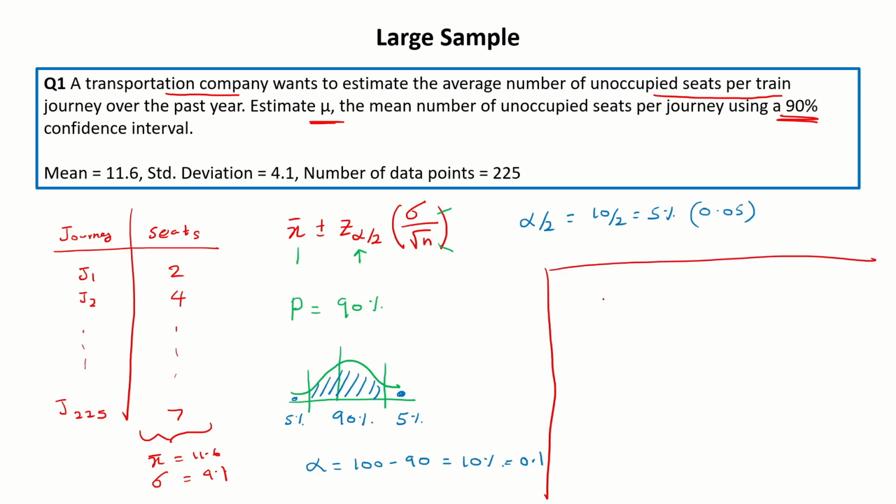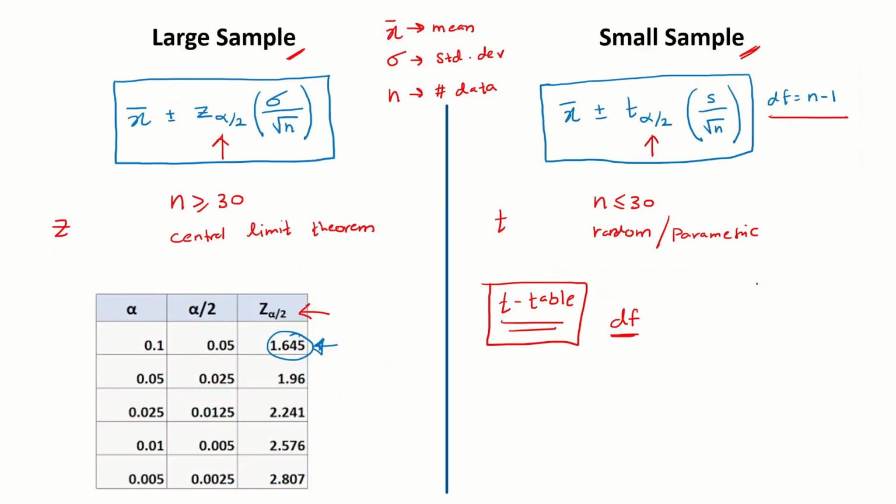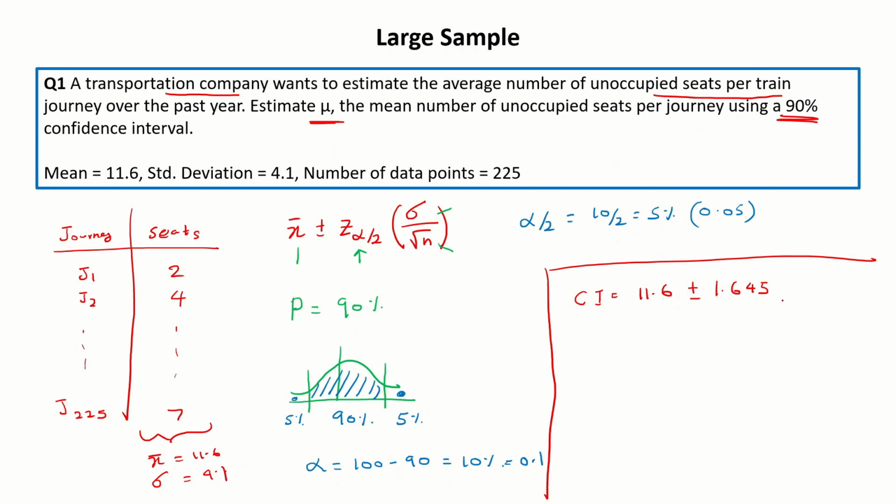So our confidence interval, I'll just say CI, would be 11.6 plus minus 1.645. Let me just double check that value. Yeah, that's right. Times the standard deviation, 4.1, divided by the root of 225.